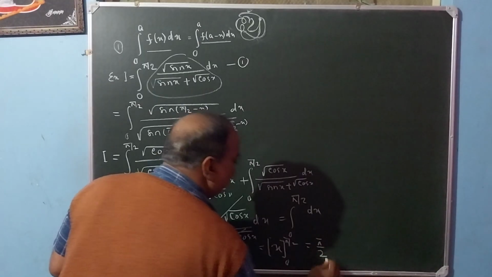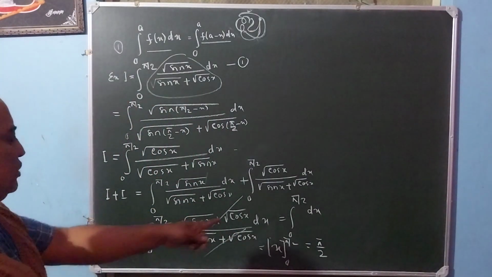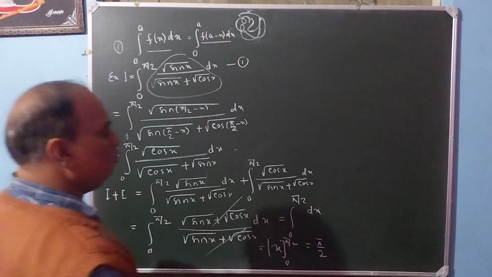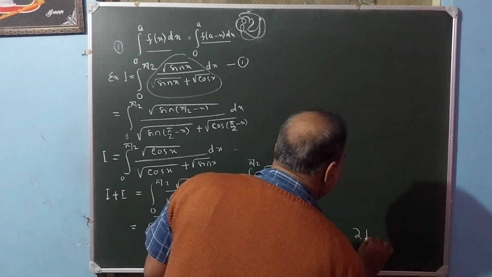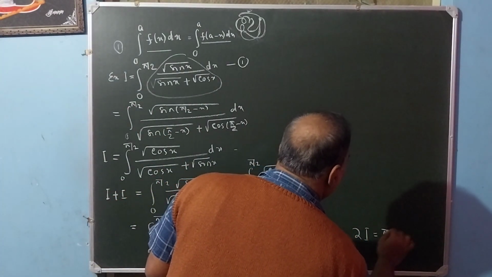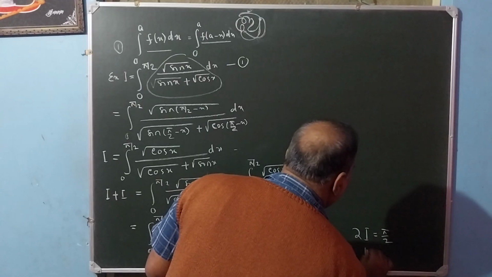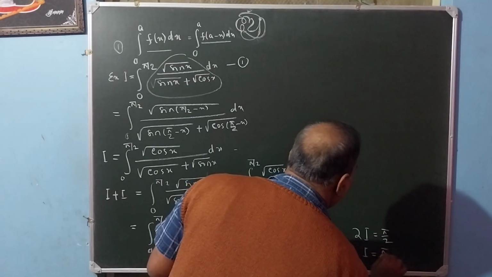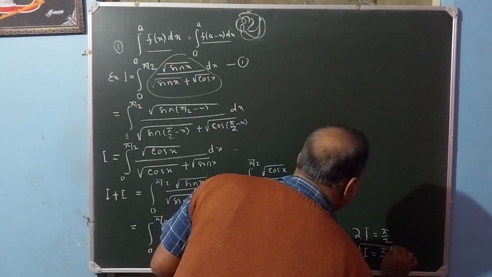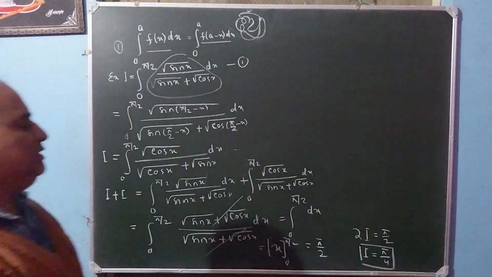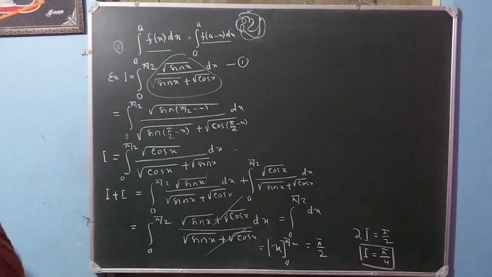Here it is pi by 2. So 2I is equal to pi by 2. Write down 2I is equal to pi by 2. So I is equal to pi by 4. So the result is pi by 4. This is a very important question; you have to do it in this manner.